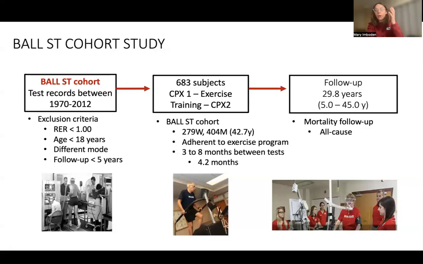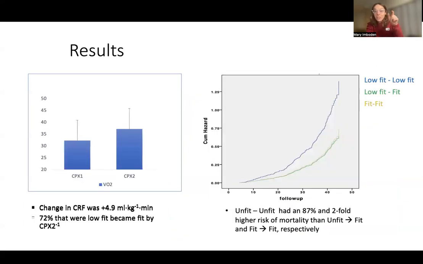And this study here looked at data of normal healthy adults, with cardiopulmonary exercise testing around 3 to 8 months between tests. Those that followed 75% of their written exercise program had a reduction in risk of premature mortality, and that reduction actually mirrored a similar risk level as if they were fit to begin with.